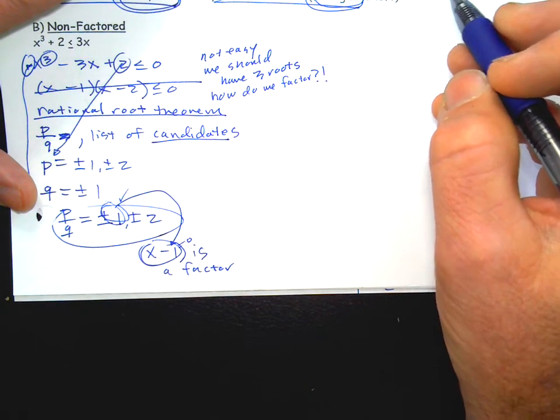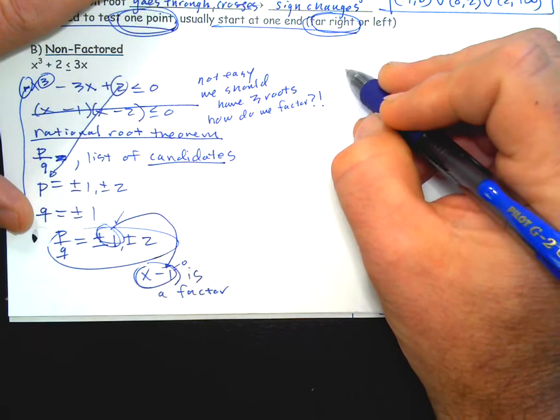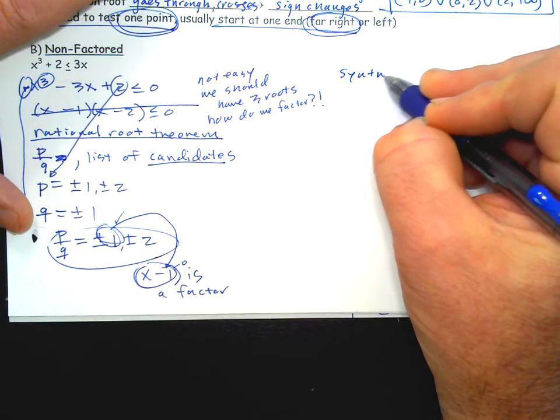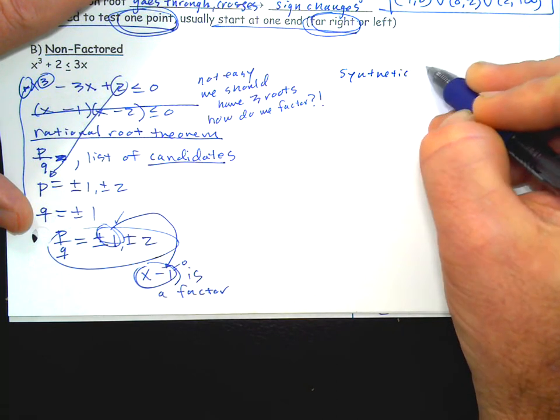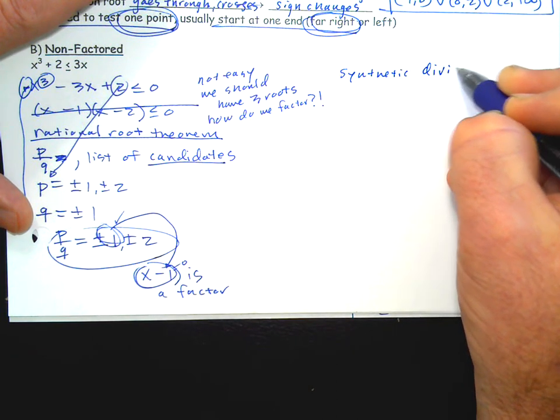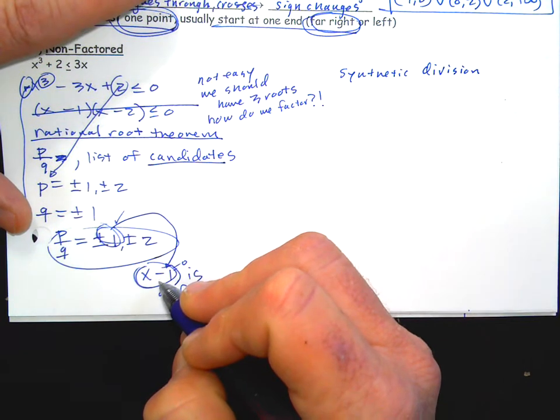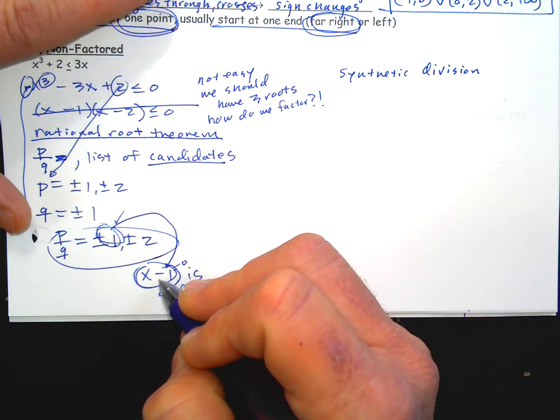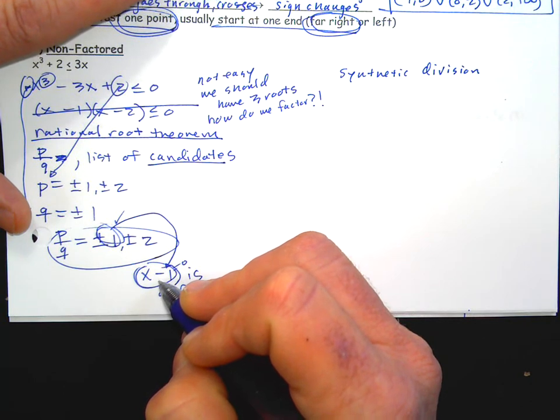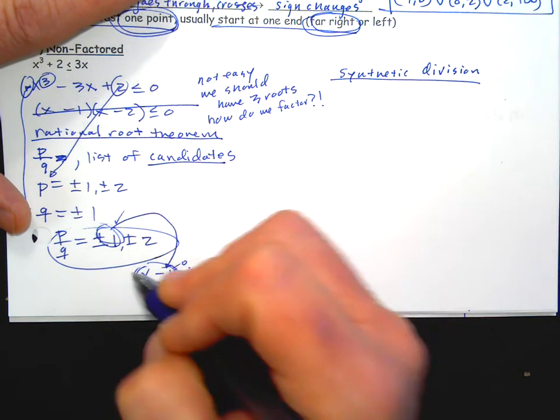So what we're going to do is use synthetic division. Synthetic division is for dividing first degree binomials out of a polynomial, so it only works for this kind of case right here.